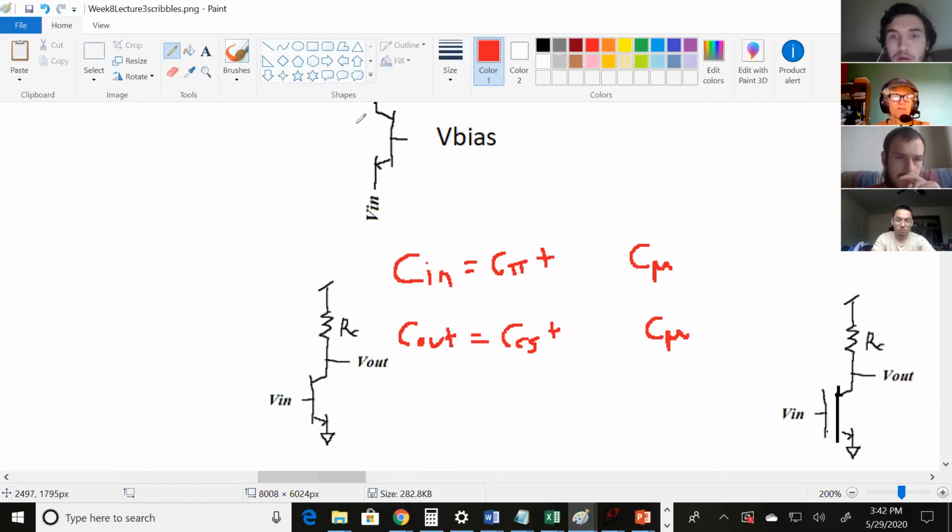So if you have, let's make this a little bit longer. Actually, let's move it over. Okay. So this base collector capacitance that goes from here to here, this is your C mu.